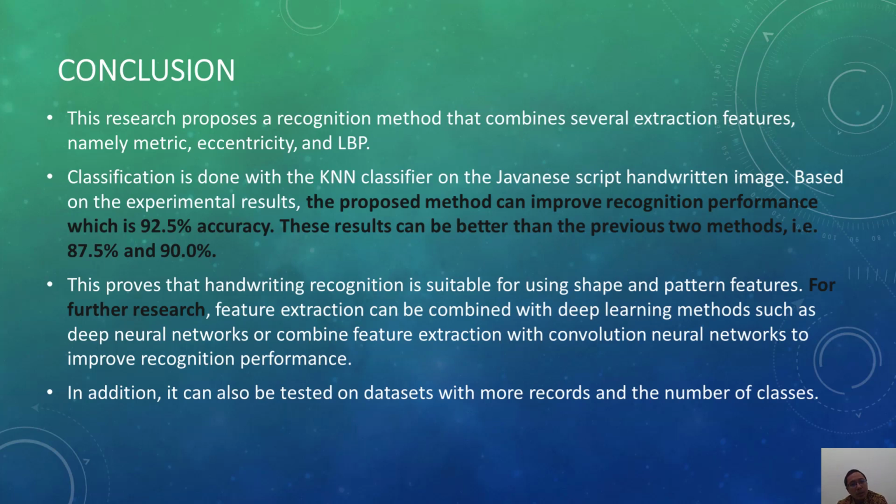The conclusion is that this research proposes a recognition method that combines several feature extractions, namely metric, eccentricity, and LBP. Classification is done with the KNN classifier on Javanese script handwriting images. Based on the experimental results, the proposed method can improve recognition performance, with 92.5% accuracy.